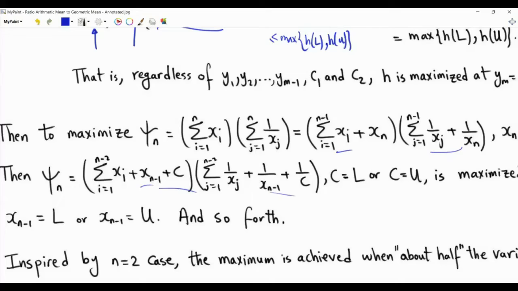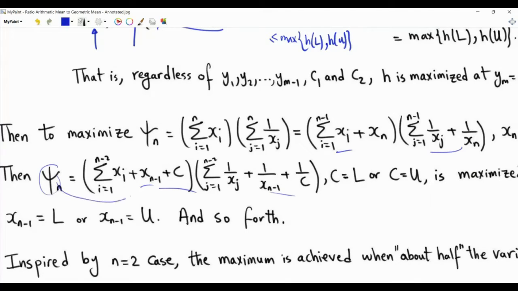And again, the argument above tells us, regardless of other choices, this is the most important thing, we can maximize regardless of C. So regardless of whether xn will be L or U, and regardless of the other x's, xn minus 1 should be set to L or U.